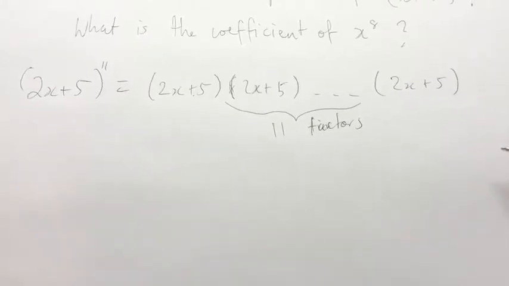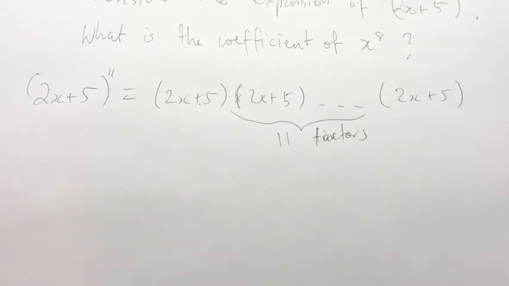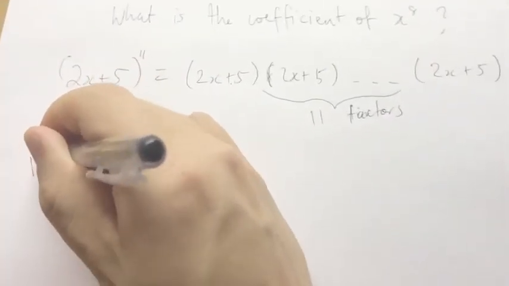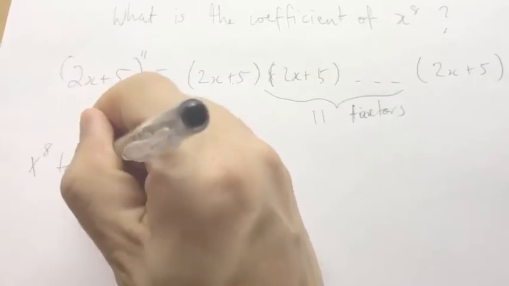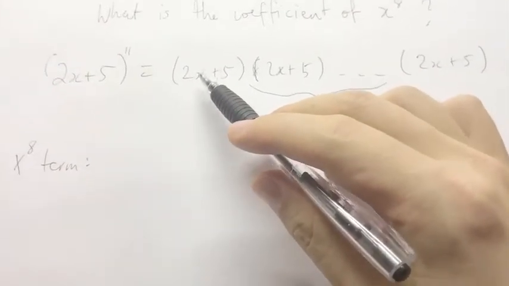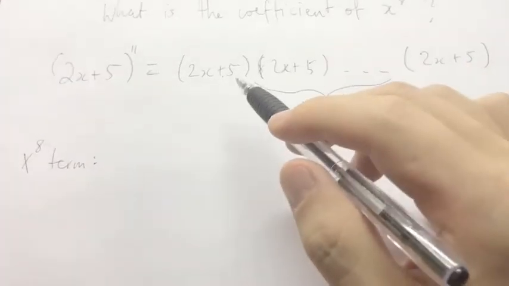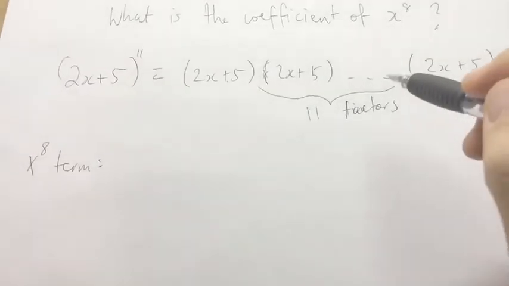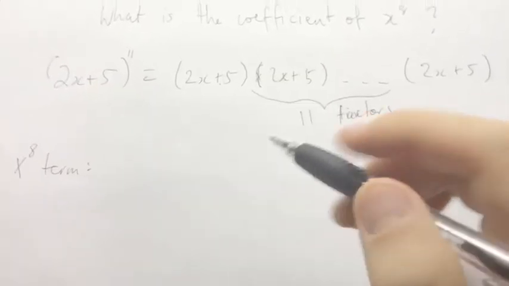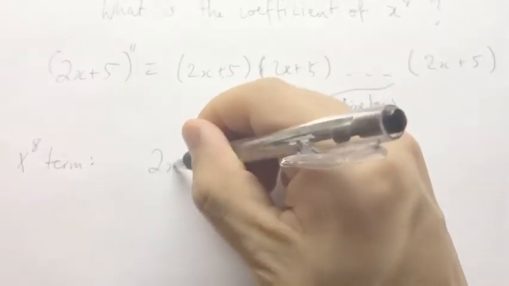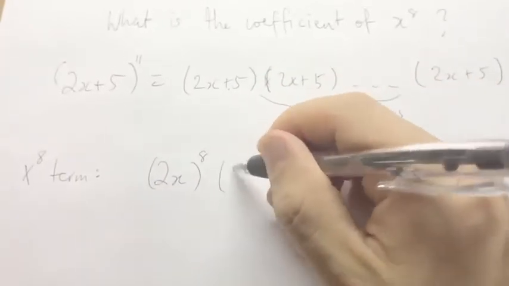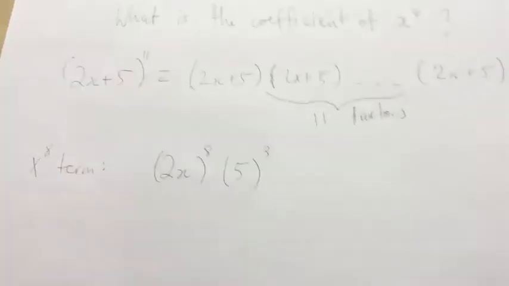So for the x to the 8 term, you took 8 of these brackets and you chose the 2x, and in the other 3 brackets you chose the 5. So there'll be (2x) to the power of 8 times 5 to the power of 3. Okay.